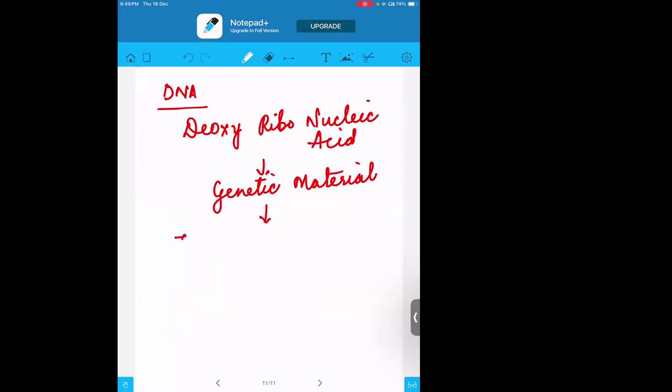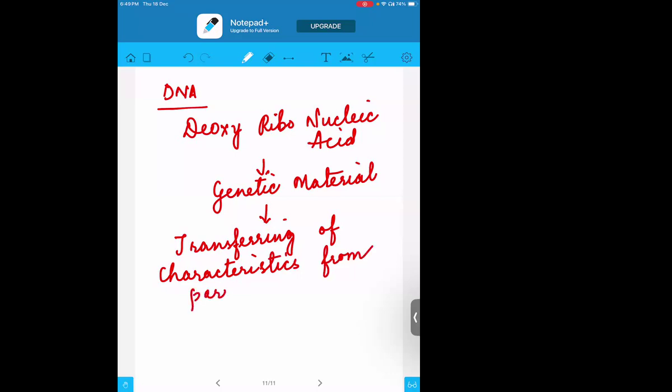What do they do? They actually help in transferring characteristics from parents to offspring. So you are similar to your mother, or maybe you are similar to your father. Why is it so? It is because of the DNA.